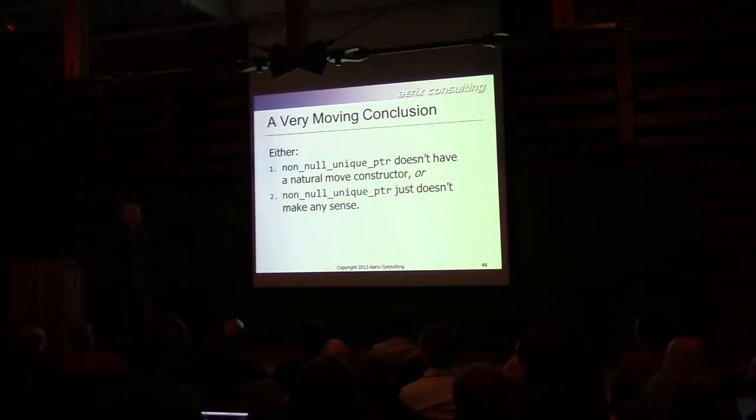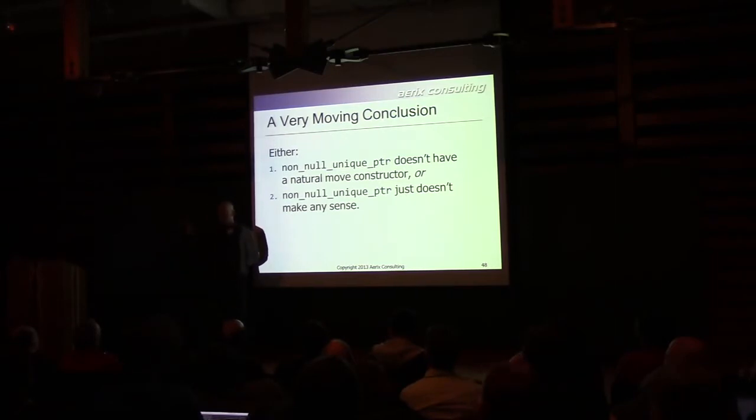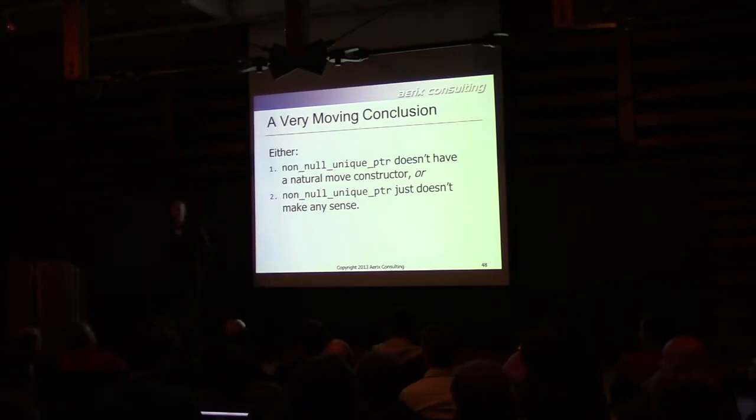Now, you could say, well, non-null unique pointer doesn't make sense, but a non-null scoped pointer that is immovable makes perfect sense. Okay? Yeah. I think it's possible to give non-null in some sense. It's just the way we implement it has some problem.